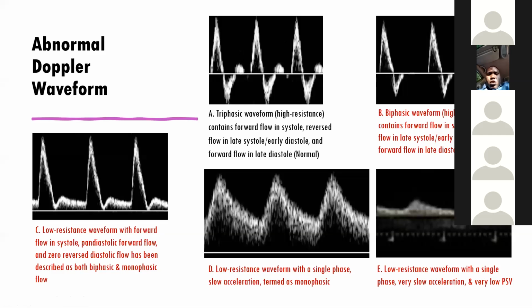Because surgeons want to know: when you get an abnormal Doppler waveform, then you will be able to understand there is a stenosis just proximal of this blood vessel.